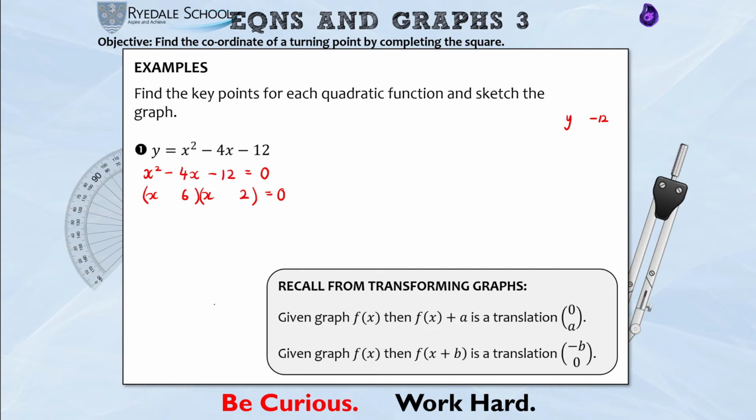The signs are different. It's -6 and +2. So either x take away 6 equals 0, so that gives me the answer x is 6. Or x plus 2 equals 0, that gives me the answer x is -2. So those are going to be my x-intercepts.